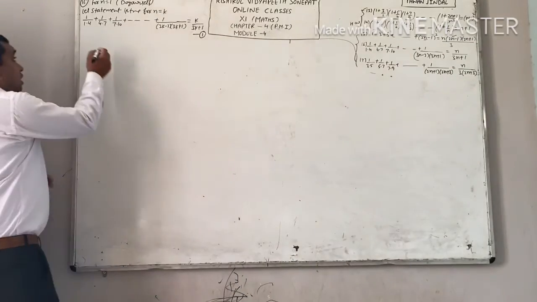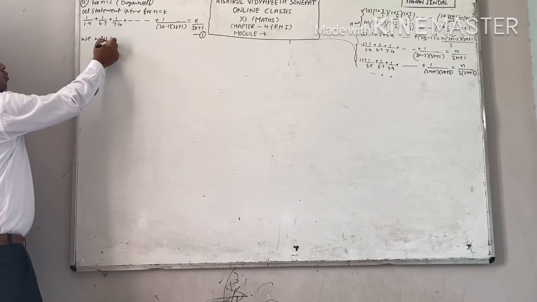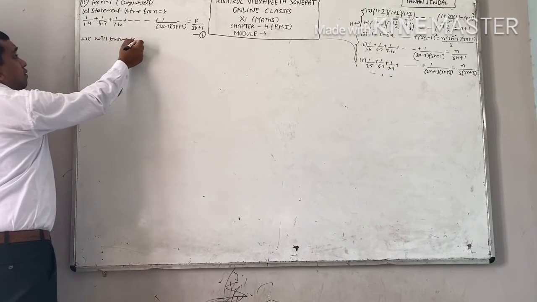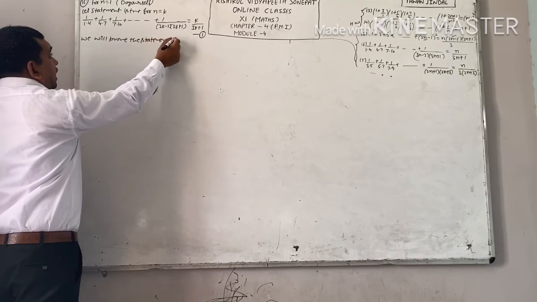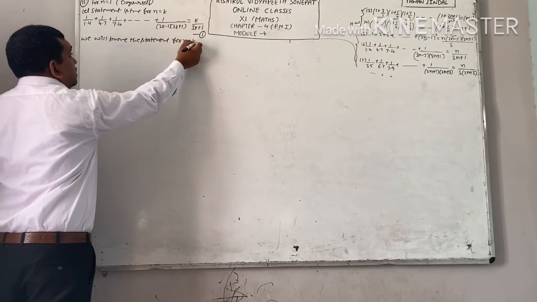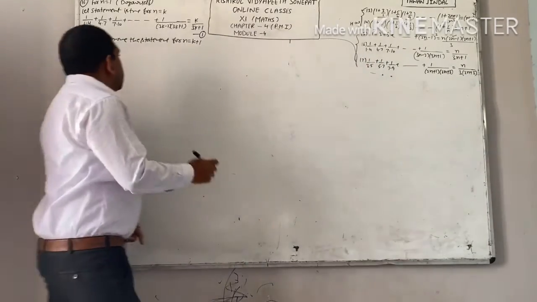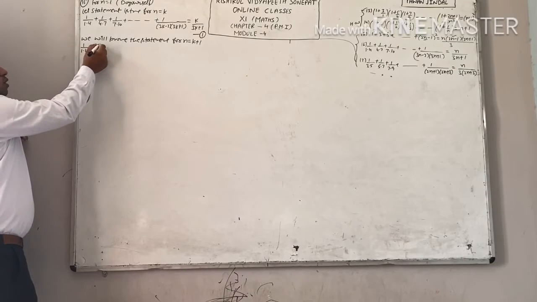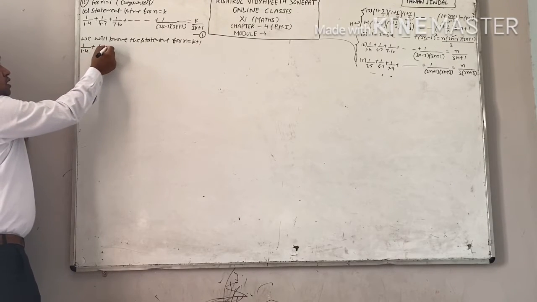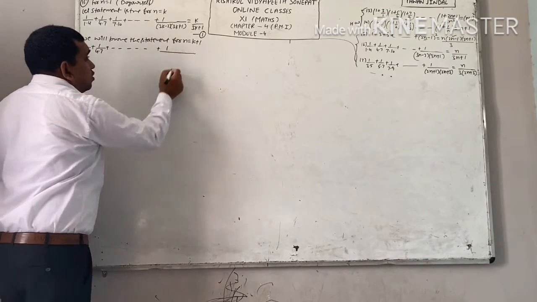Last step, we will prove the statement for n equal to k plus 1. Put n equal to k plus 1 on both sides. See what you get. 1 upon 1 into 4 plus 1 upon 4 into 7 plus up to so on, 1 upon.